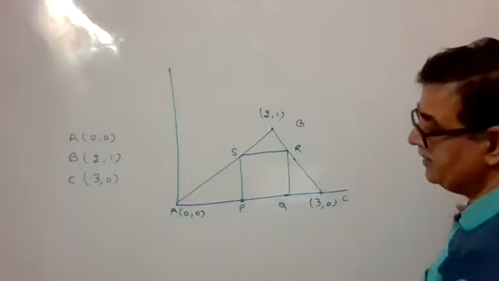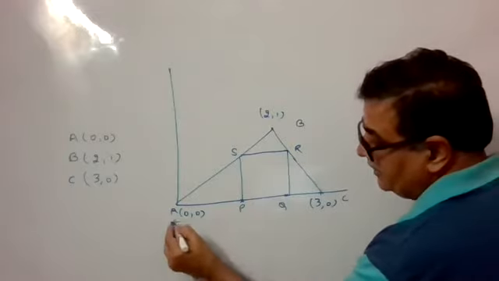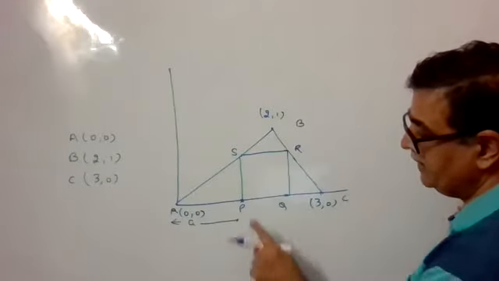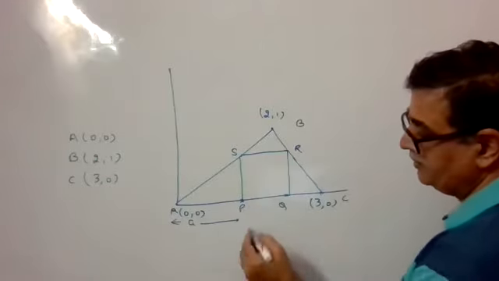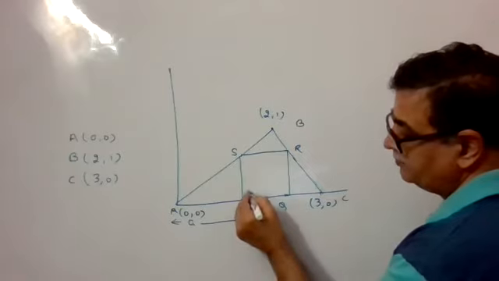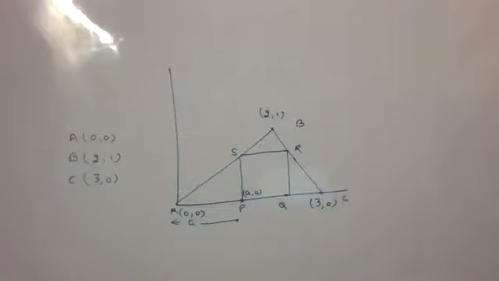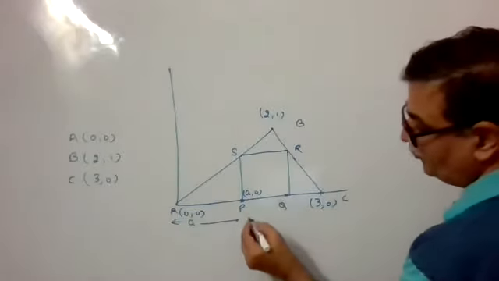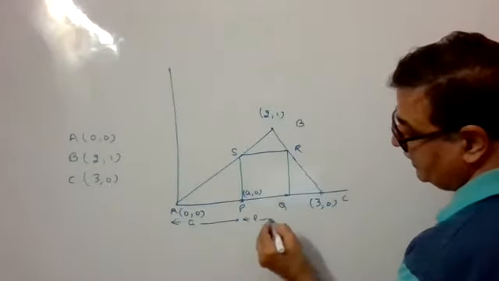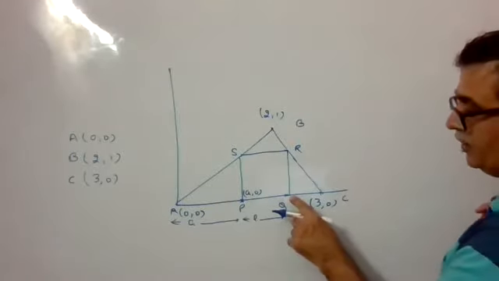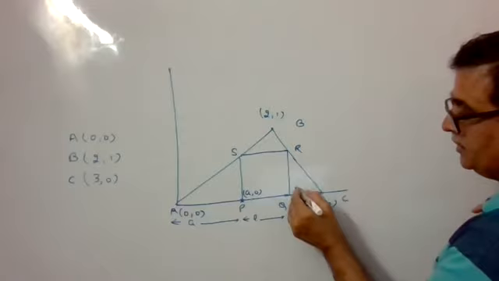So what we do in this case, let this length be A. Then if it is A, what does coordinate come out to be? A, 0. Let the length of the side of this square be L. Then what the coordinate of this will come out to be?